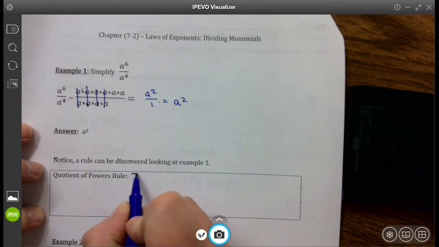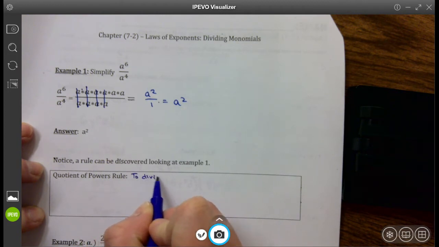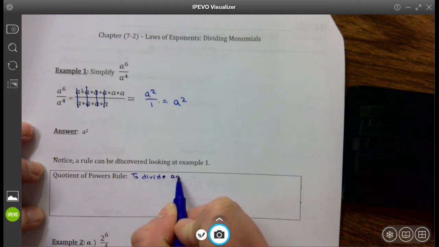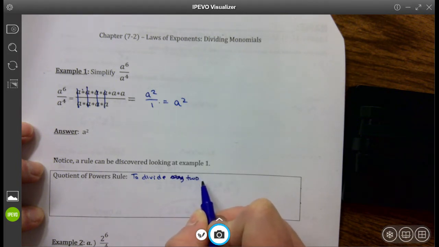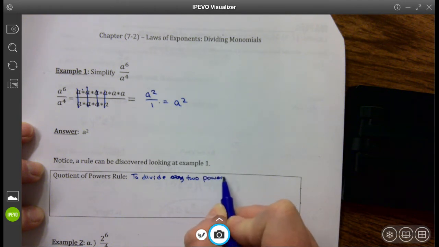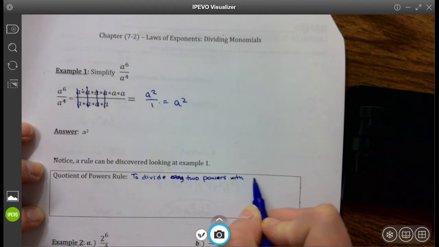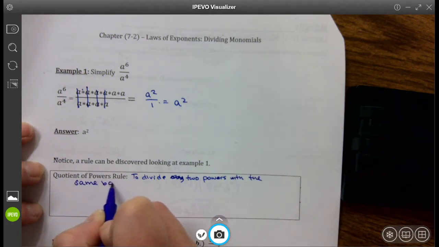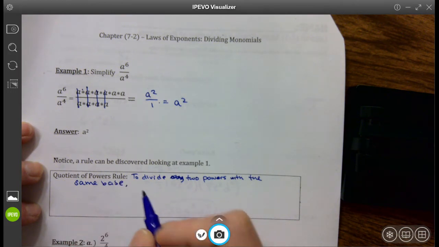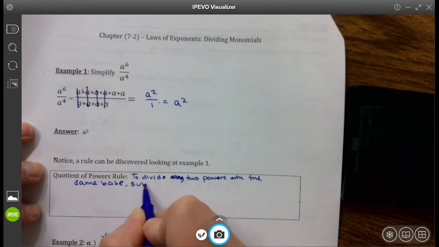It says to divide 2 powers with the same base, subtract the exponents.